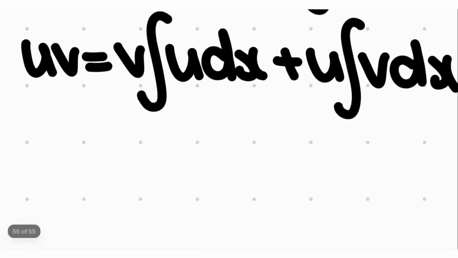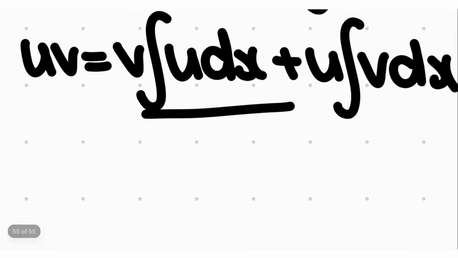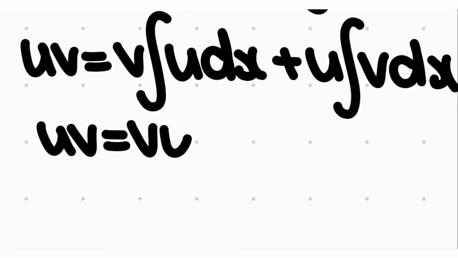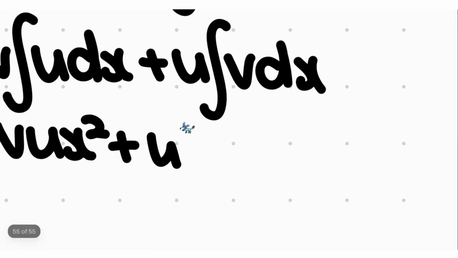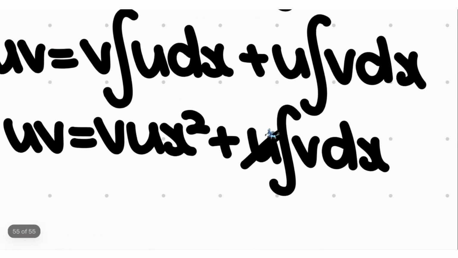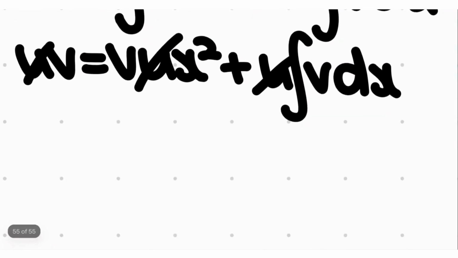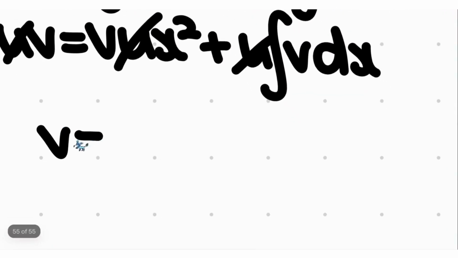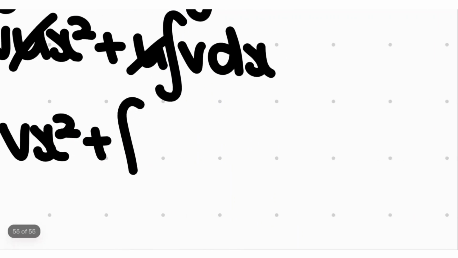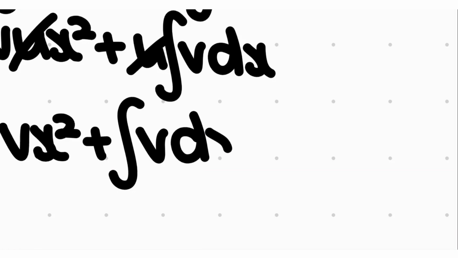So as you can see here, we actually know the result of this integral, and it's x squared. So I'm going to rewrite this term: uv equals vu x squared plus u times the integral of v with respect to x. And notice that we can just divide u from the entire equation. So v equals v x squared plus the integral of v with respect to x.